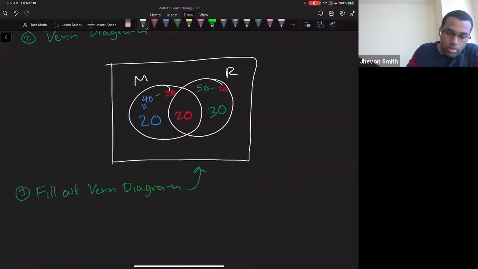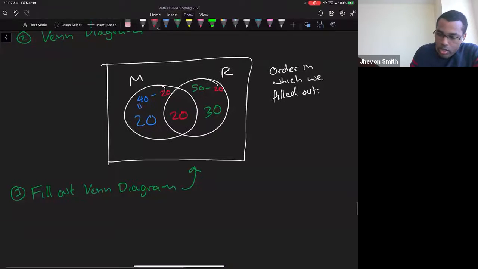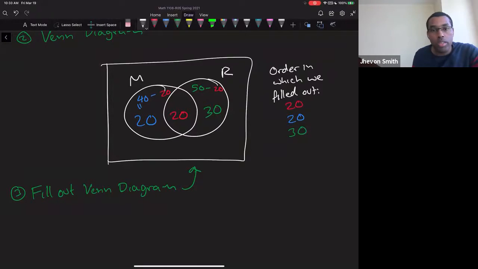So just to mention the order in which we filled out the diagram: I first fill in the 20, I then fill in the other 20, I then fill in the 30. Then I know there should be 100 in total. So this would be 100 minus 20 minus 20 minus 30 equals, well, 30 out here.